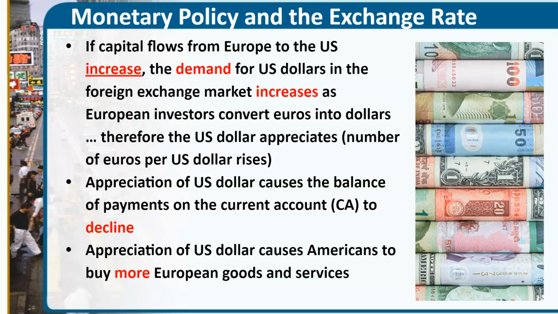Now, the idea here is if the goods and services in the United States are too expensive because of this appreciation, what it's going to lead to is Americans buying more European goods and services or other countries that are involved with this. Now, for now, we're only looking at this one-to-one, and the only time we're going to talk about foreign exchange in AP Macro is really when we're comparing two countries, no more.